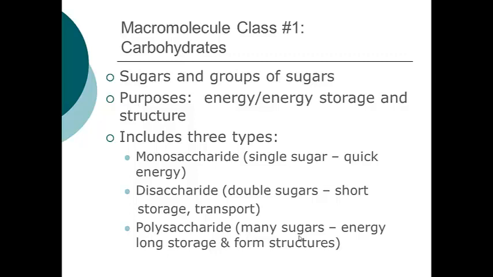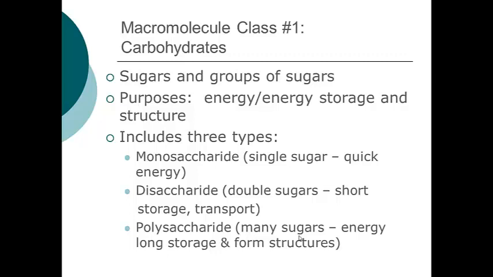The most direct, simple way to give your body a fuel that your cells will use easily is to give it carbohydrates. It includes three major types: monosaccharides, which are simple sugars, sometimes called single sugars, sources of very quick energy. Your body can metabolize these very quickly.